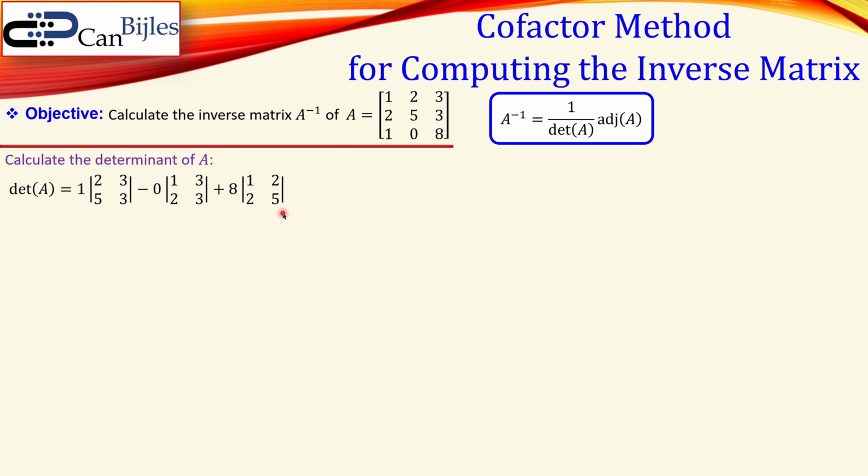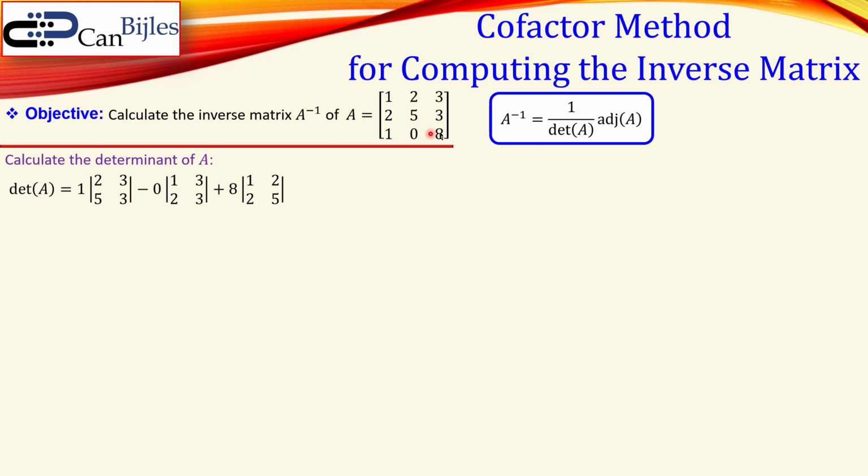Now, there are many methods to calculate the determinant, and there is a way to do it in a shorter way. You choose a row or a column where there is a 0 or many zeros. In this case, there is a third row which has a 0, or the second column.